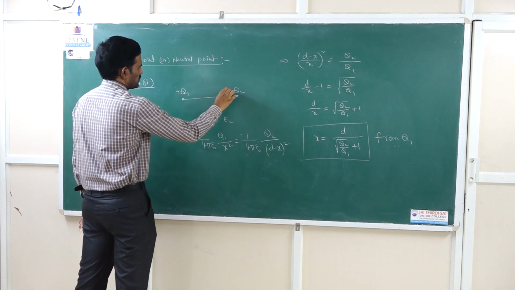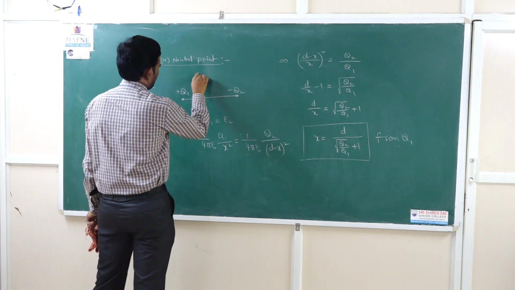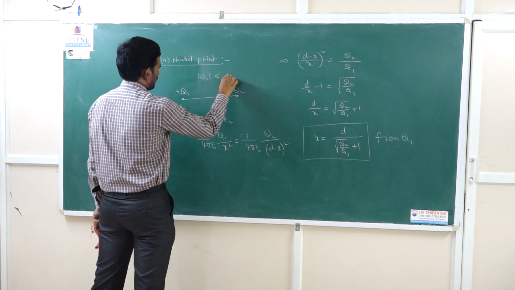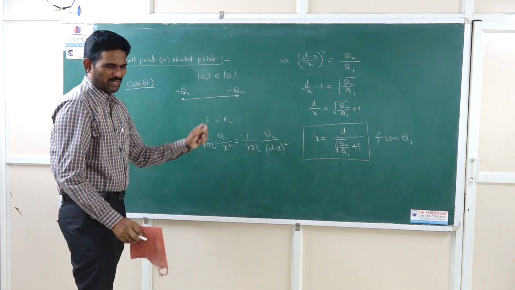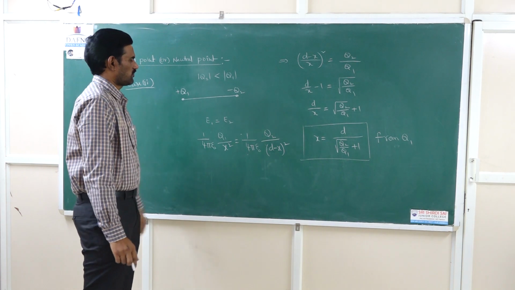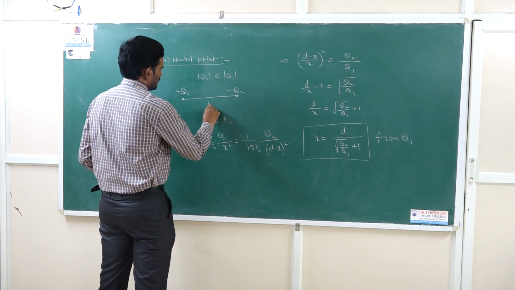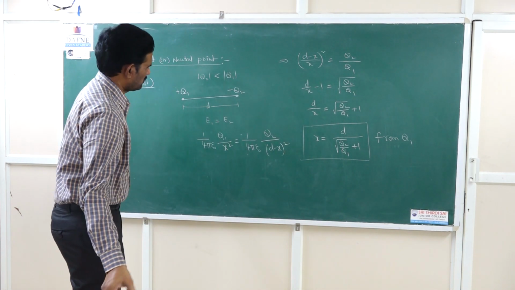Suppose this is a positive charge and this is a negative charge, and I am assuming the case like mod of Q2 is less than mod of Q1. That means Q2 magnitude is small compared to Q1. That is the case we are considering here, and the distance between them is again the same, d.